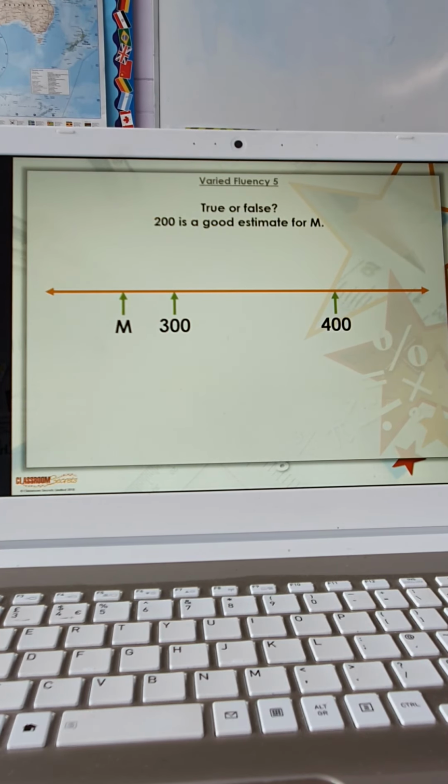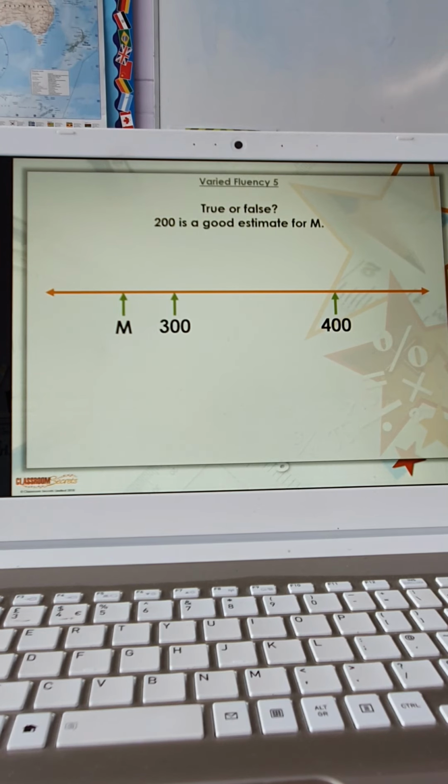Now we've got a number line where we don't know where it starts and we don't know where it ends, but we do know where 300 is on there and where 400 is. We've also got a letter that's labelled M. The question asks us if we think that 200 is a good estimate for what M would be worth on that number line.